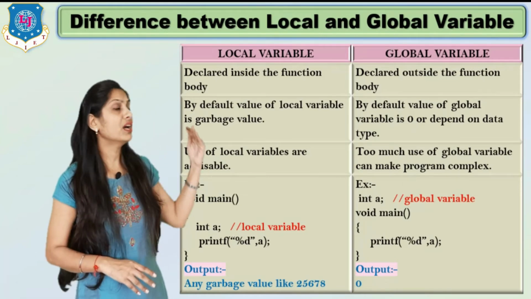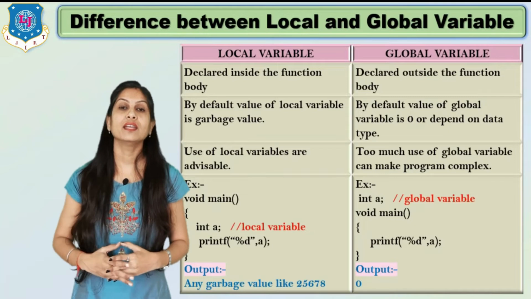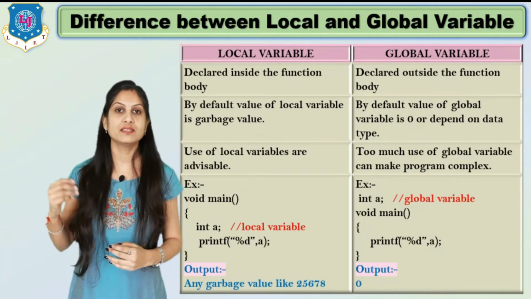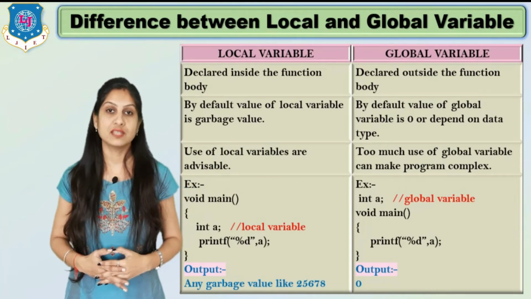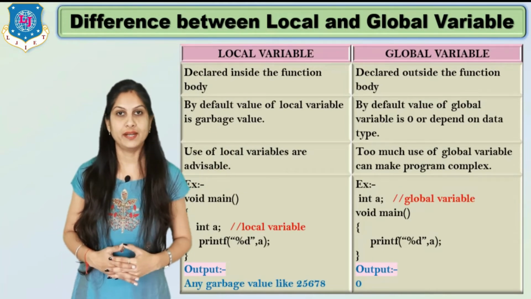But when we write it in the global declarations, the default value for a global variable is 0, or it depends on the data type.